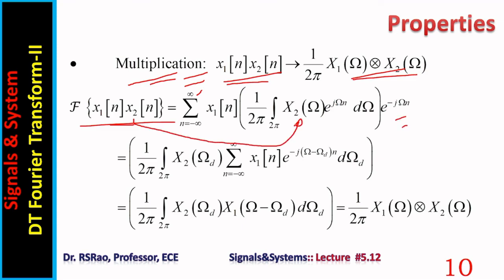Here x2 of n is expressed in terms of X2 of omega, inverse transform. Now this can be manipulated a little bit and can be seen as 1 by 2 pi X1 of omega circular convolution with X2 of omega.